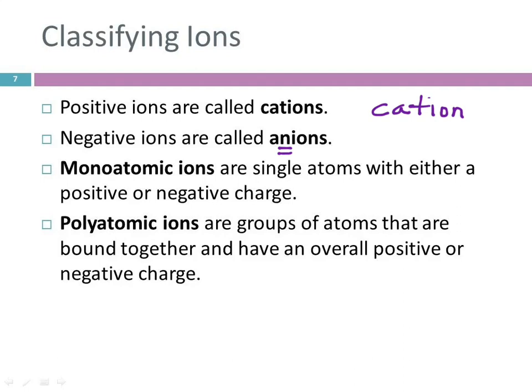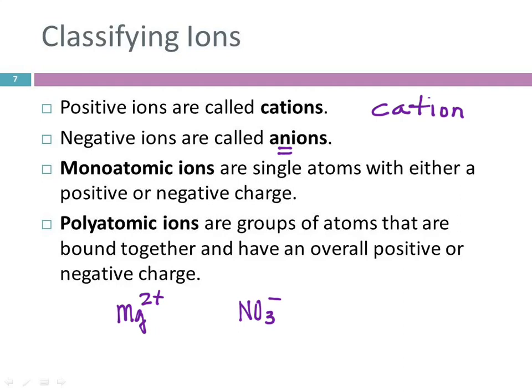So just some examples, perhaps. If we look at magnesium 2+, is that monatomic or polyatomic? How many elements are there? How many atoms are there? 1. It's monatomic. If we look at something like NO3-, you see there's one atom of nitrogen and 3 of oxygen. There's multiple atoms, so this is polyatomic.